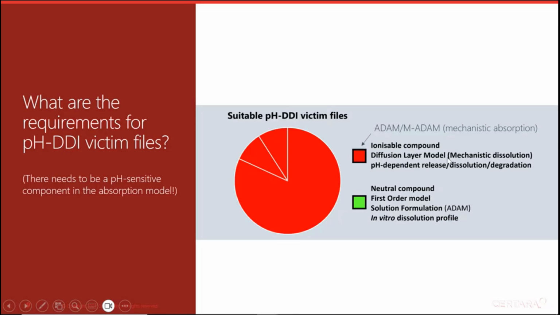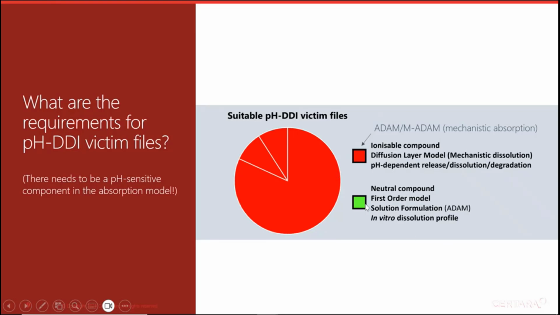So the DLM is Simcyp's mechanistic model for dissolution, and it is very sensitive to the changes in luminal pH in the stomach. Other than that, if you had other pH-sensitive components, for example, in terms of release or degradation, that would mean that the victim file can be sensitive to changes in pH too.